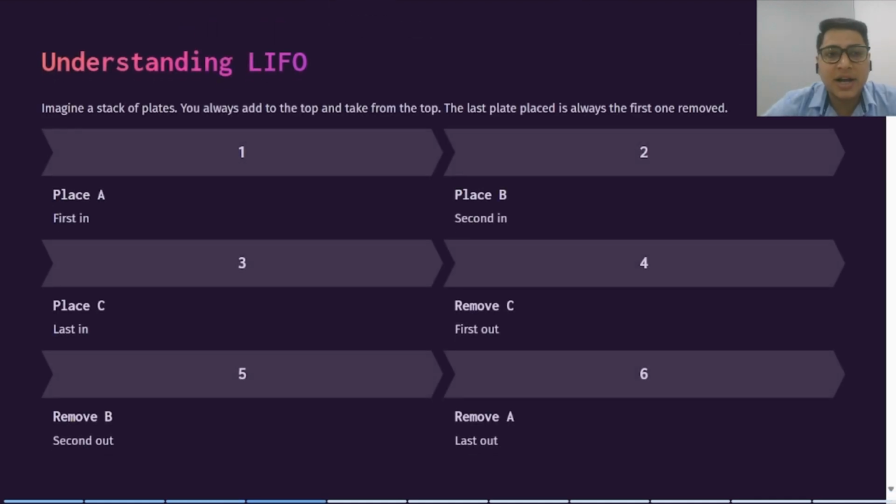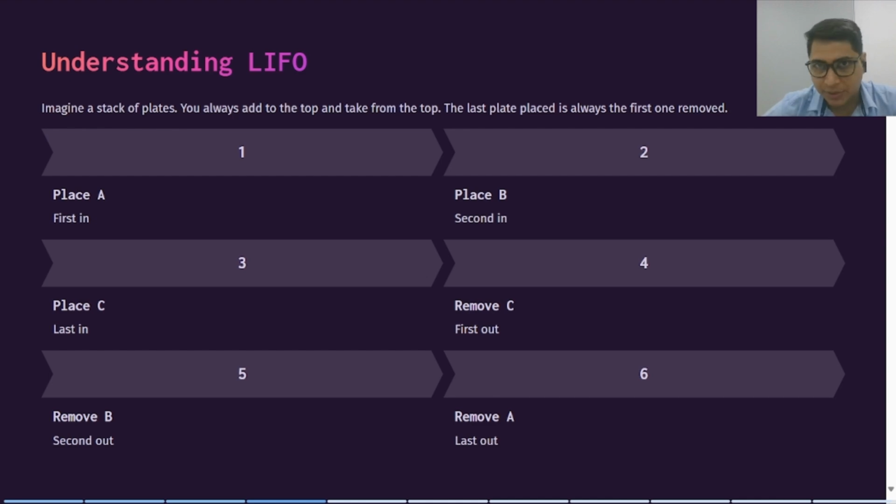Now, let us understand what is LIFO or last in first out. Imagine you have a stack of plates and your task is to put one plate over another. Earlier, the stack is empty. That is, you do not have any plate in the stack. Now, in step 1, you place plate A on the stack.